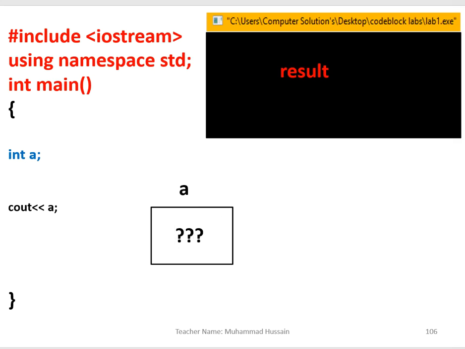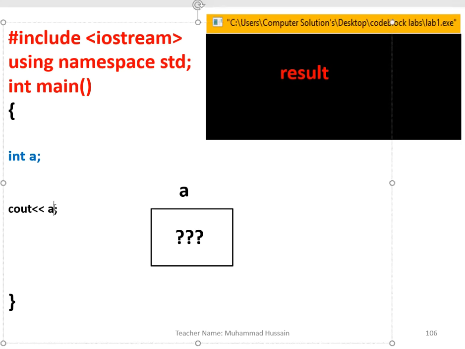What will be the result on the screen if I write cout a, when I only declared a and never gave it a value? You must say that there is nothing in a, just because we have not given any value to a.